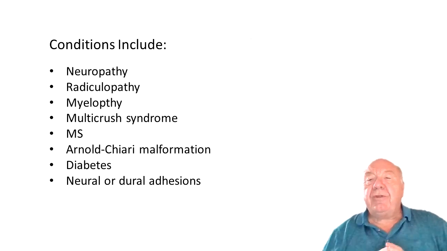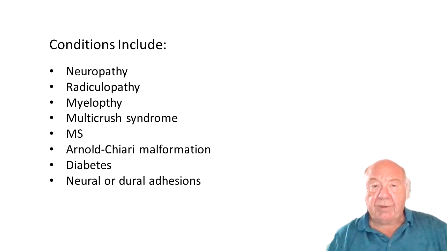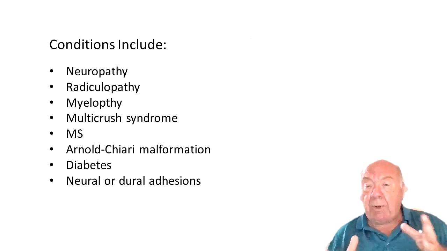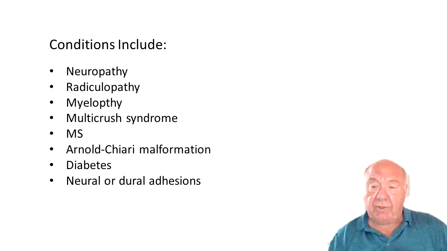So the conditions that will test positive for this include neuropathy, radiculopathy, myelopathy. I forgot to put it on here, but meningitis. Multi-crush syndromes, where we start seeing, say, evidence of ulnar nerve or median carpal tunnel syndrome, for example.